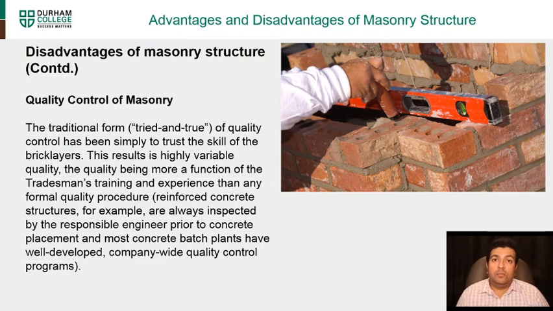Quality control of masonry is very hard, because it's all based on the skill of the laborer. If you have trained, skilled people, then you will have a good masonry structure and good quality control. Compared to that, concrete has a lot of tests in place. They have quality control at the plant and quality control testing on site.